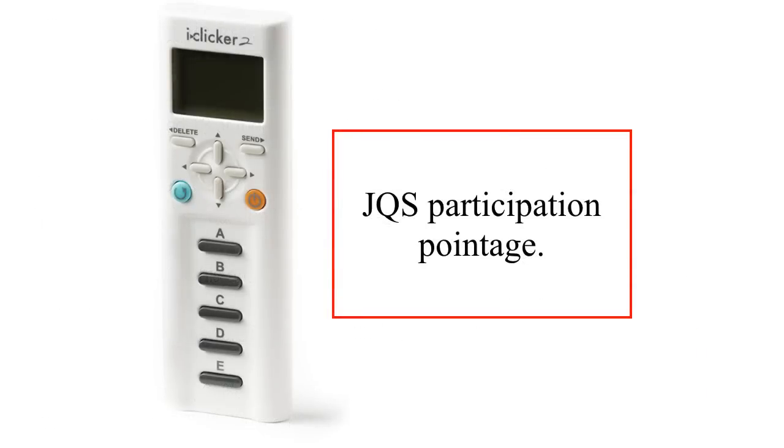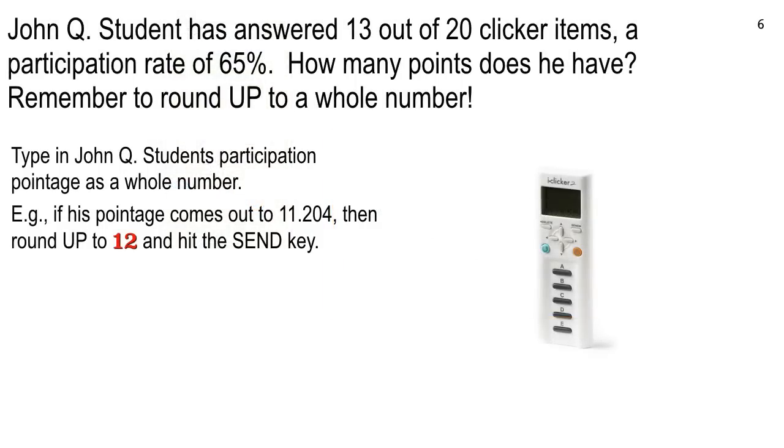All right, so here we go with our clicker question. Everybody's here now. So here's the same data, John Q. Student. And on this one, you were asking me, what do we round up to? Always go up.